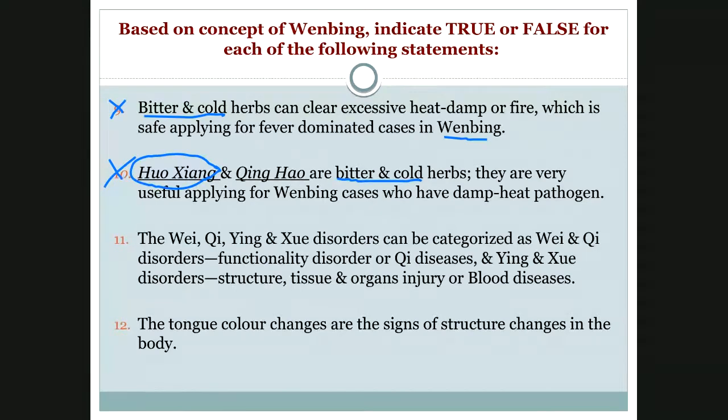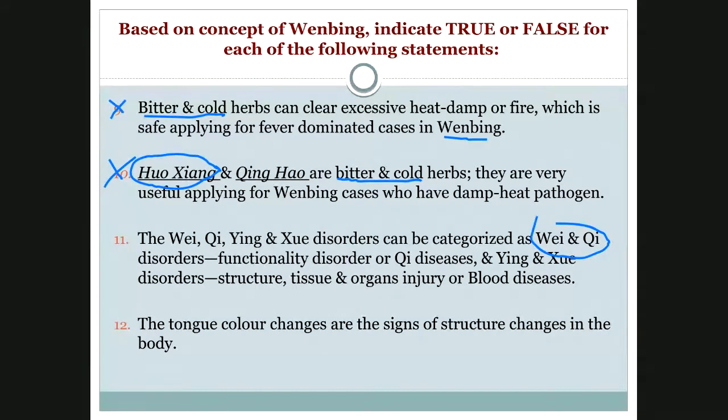Number 11. The Wei, Qi, Ying, and Xue disorders can be categorized as Wei and Qi disorder, so can be grouped as Wei and Qi together, with specific focus on functional disorders, or Qi conditions, or Qi disease.